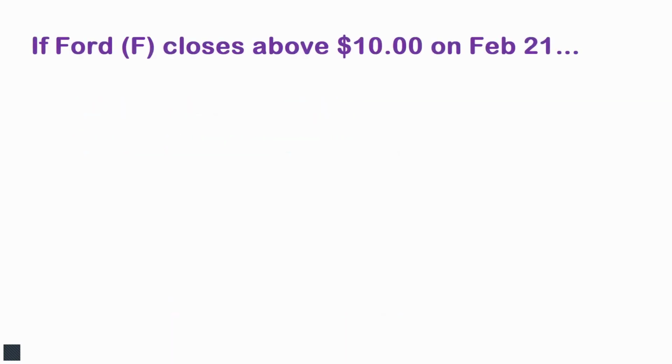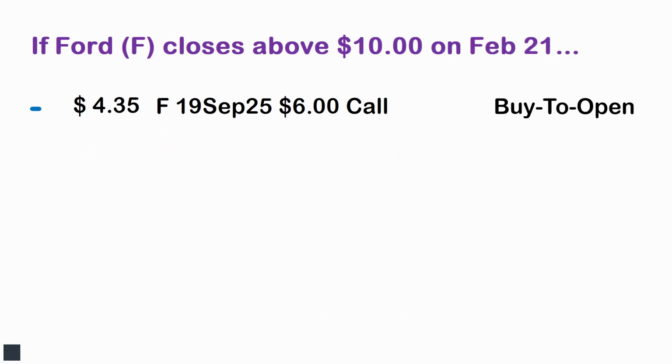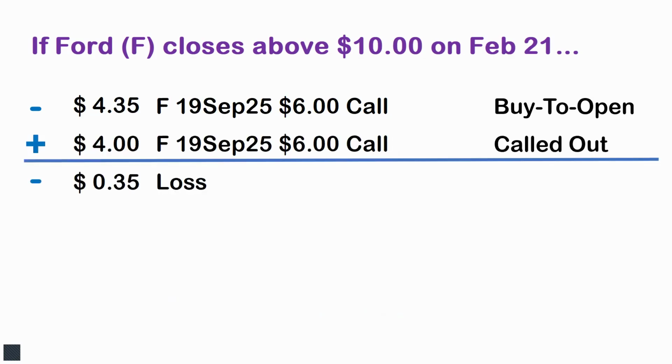And then if Ford closes above $10, when you use a substitute option instead of the stock and you get exercised, this is why it's called a diagonal spread. You make the difference between the two strike prices. So the difference between $10 and $6, you walk away with $4. Now you might be saying, oh gosh, AJ, you're setting me up for a 35-cent loss if I get exercised.